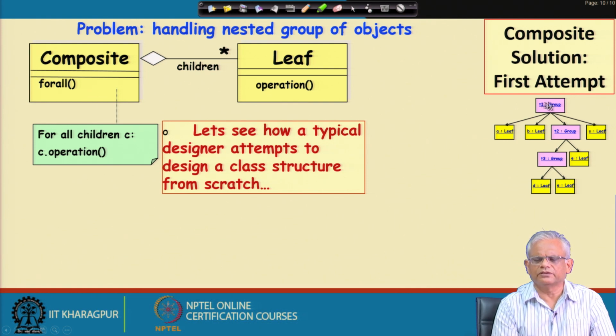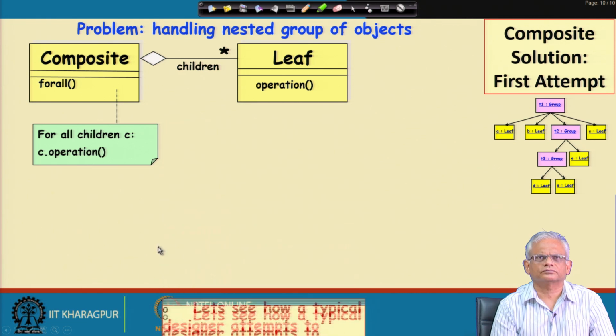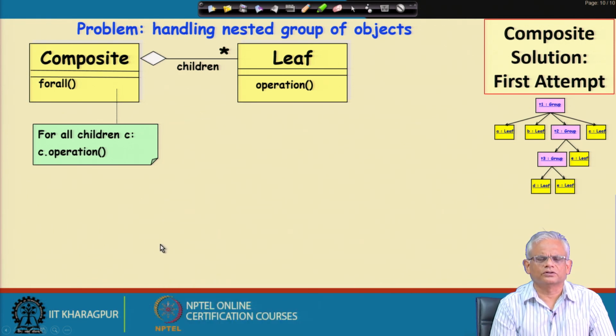What we really needed was a nested tree. And also the composite contains one type of leaf. We wanted it to contain many other composites and leaves. Definitely not a very good solution. It falls way short of what is required.